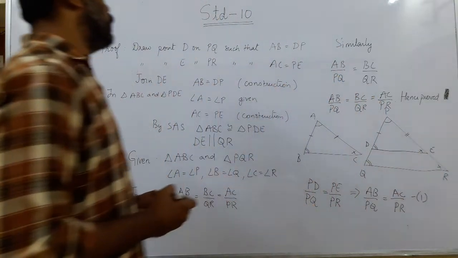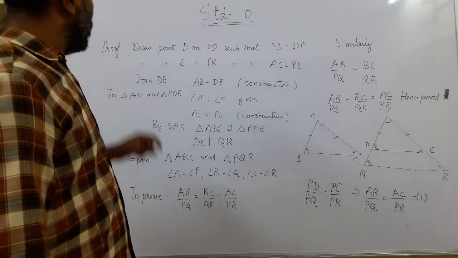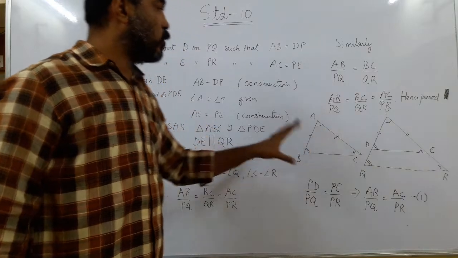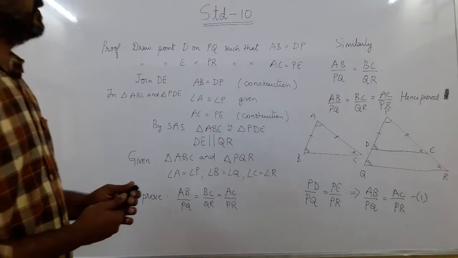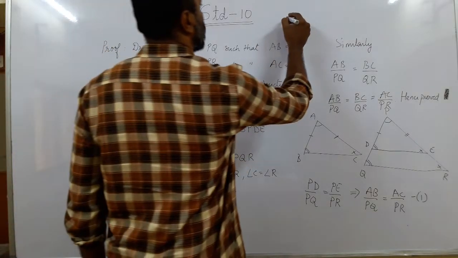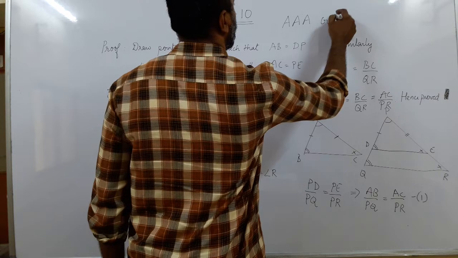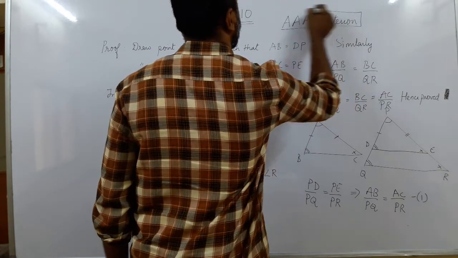So this theorem we have proved now from theorem 6.1. So again, what is the theorem? The theorem is, if in two triangles the corresponding angles are equal, then the sides will be in the same ratio. This theorem is called the AAA criterion.